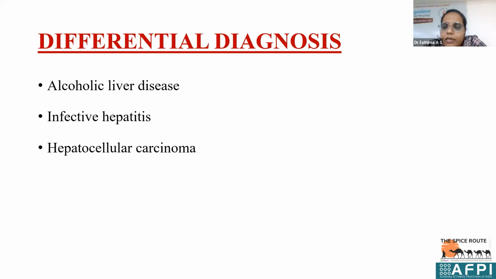Infective means any infectious agent causing hepatitis, like hepatitis B, C, D, or cytomegalovirus, Epstein-Barr virus, like that. Okay, you have to tell one, you cannot tell ten. You have to tell which one you are considering based on the history. What is the cause? Sir, based on history, maybe hepatitis B, sir.